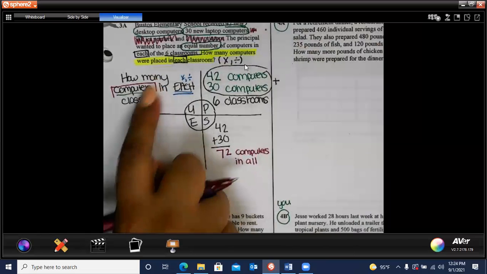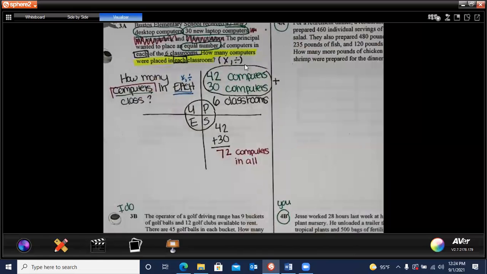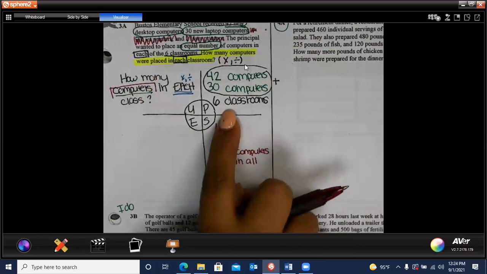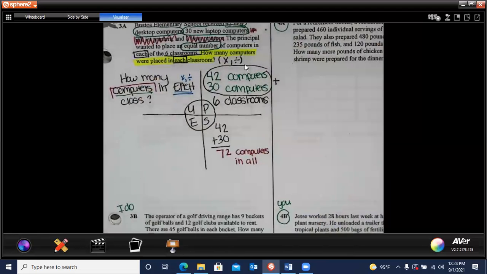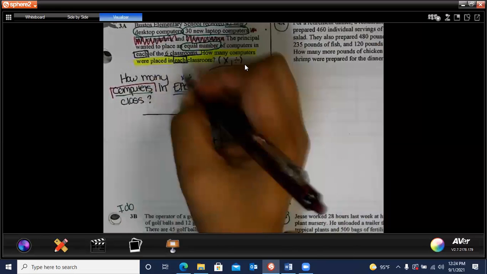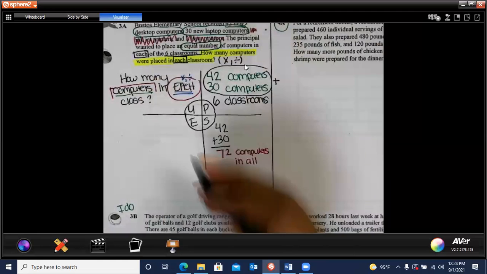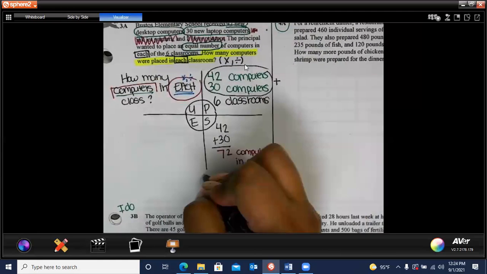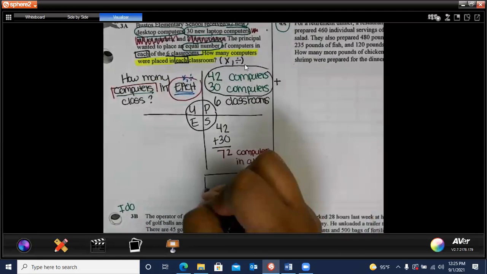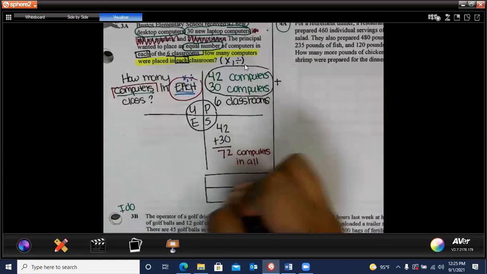Did they just want to know how many computers? No, they did not. That is the first step. My second step, I have extra information, 6 classrooms. What about those 6 classrooms? Thank you, because it tells us each. So we think about our strip diagram. They gave us our total.